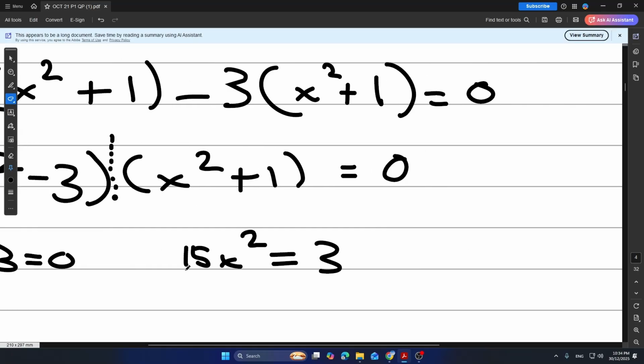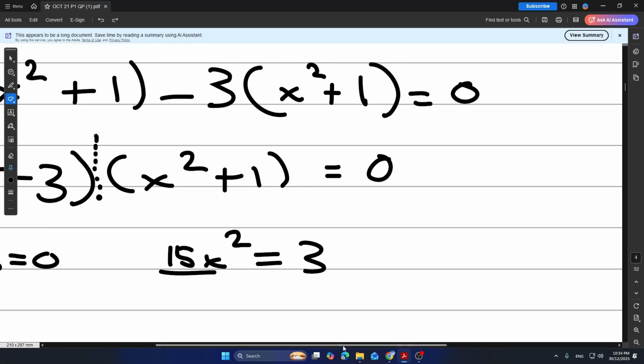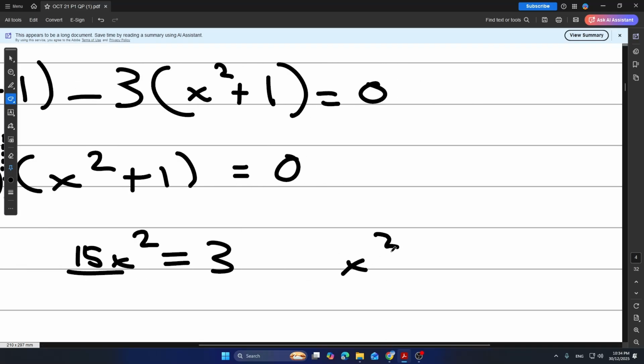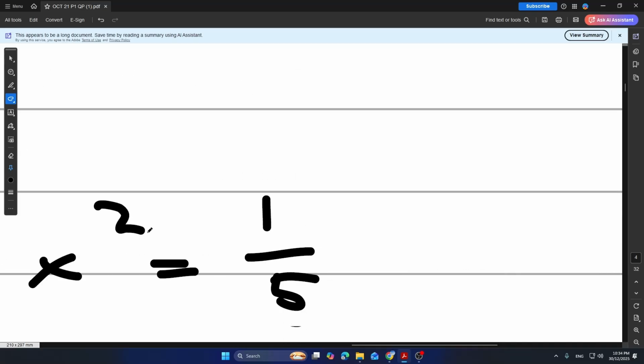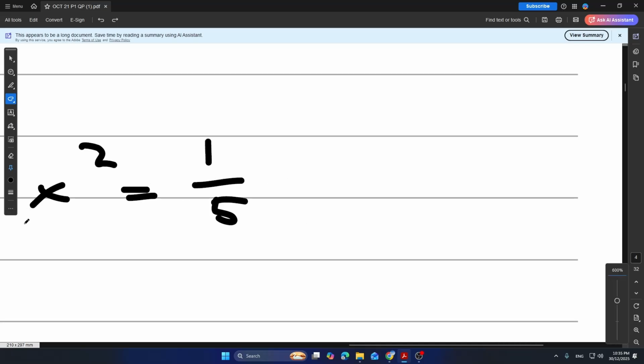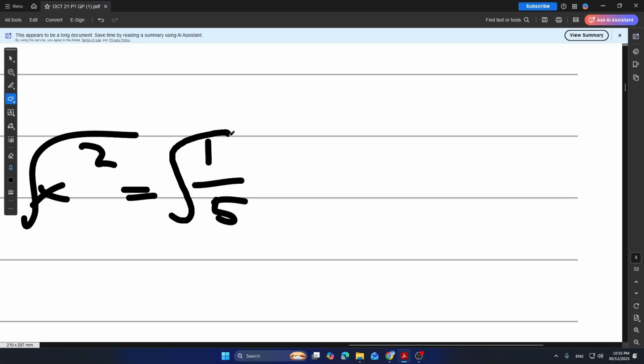We want to get rid of the 15, so we divide both sides by 15. So x squared, 3 divided by 15 on the calculator, is going to be 1 over 5. Since this is x squared, the opposite of x squared is root, so I will root both sides to get x.